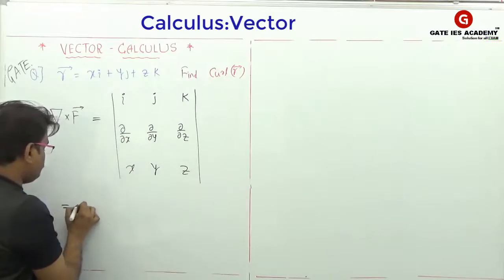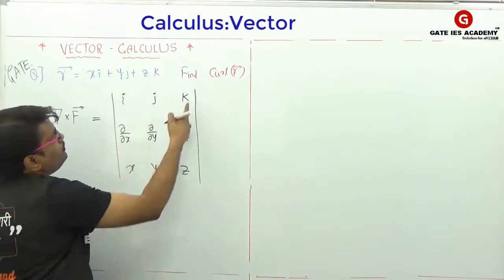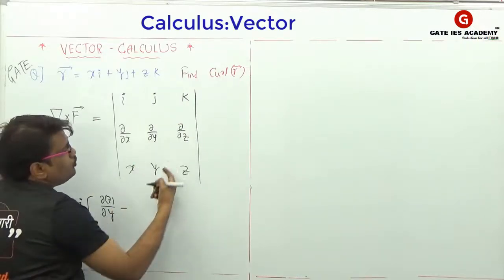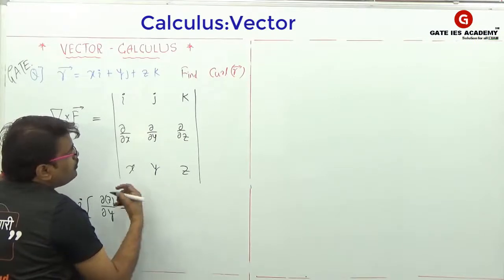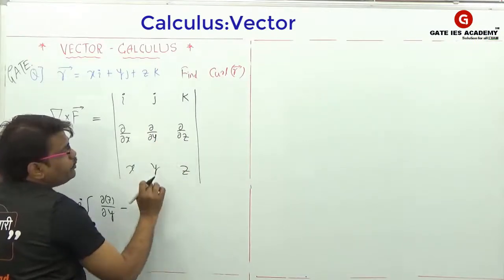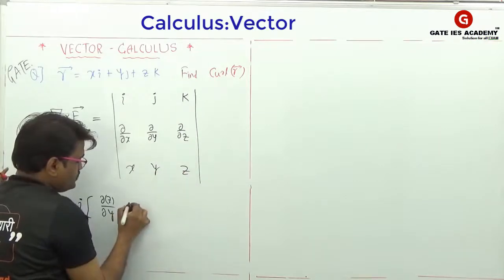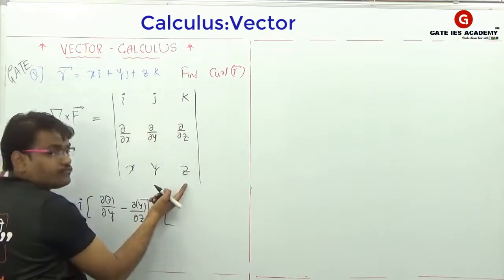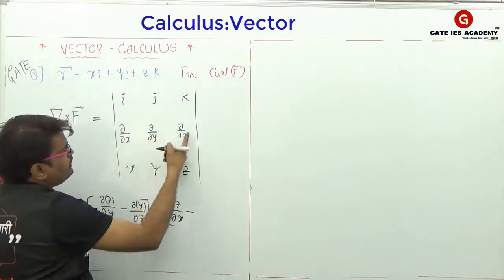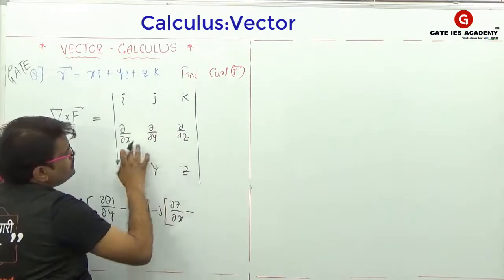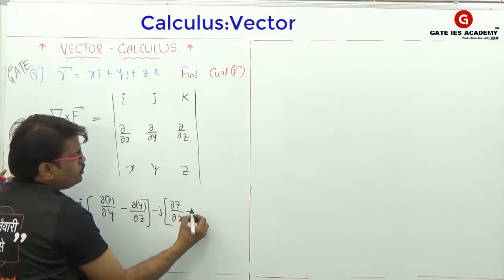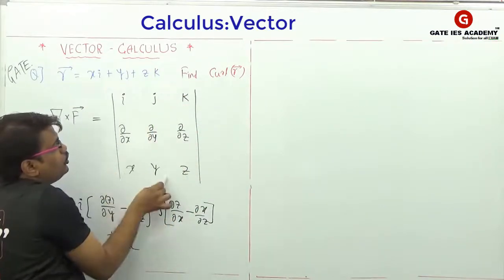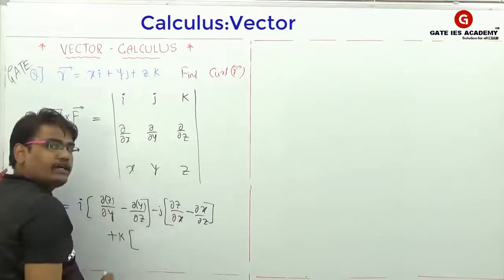So expand this one. i into ∂z/∂y minus ∂y/∂z, minus j into ∂z/∂x minus ∂x/∂z, plus k into ∂y/∂x minus ∂x/∂y.